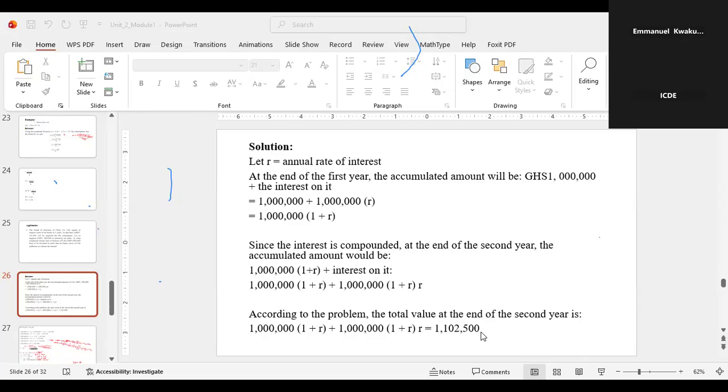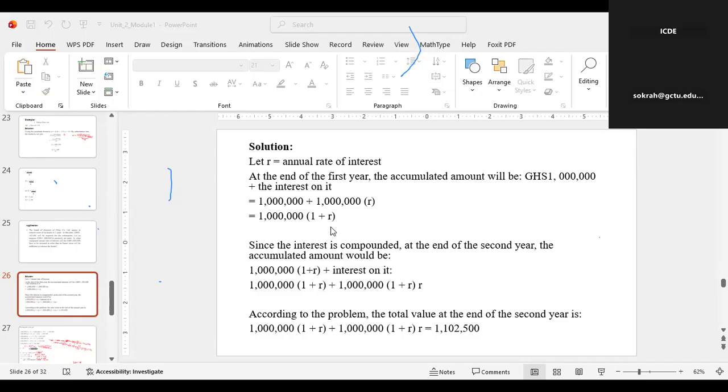All right, that's fine. So let's go back. Now, we said if you follow the principle or the steps in solving compound interest, what you get at the end of the first year, that is the principal plus the interest, becomes your new principal for the second year.